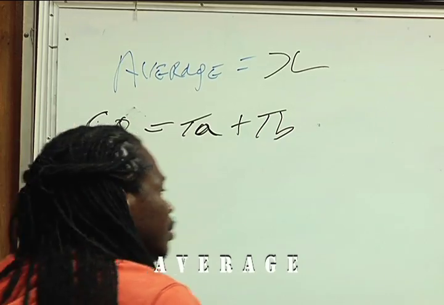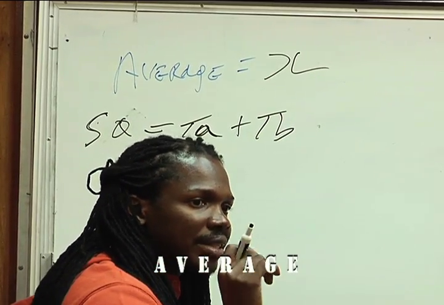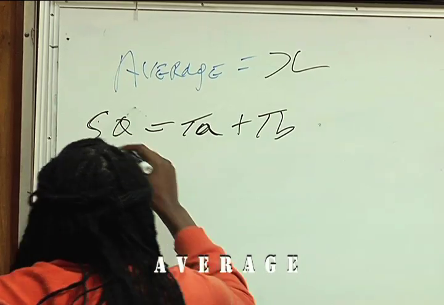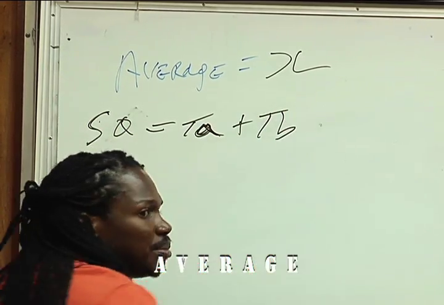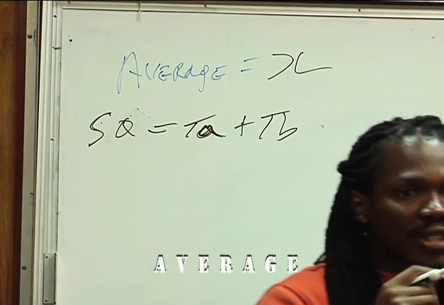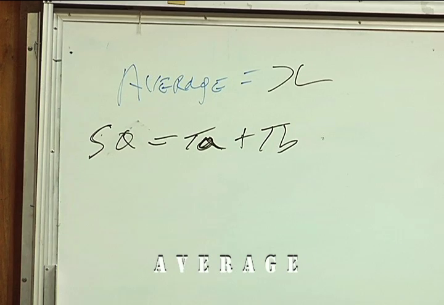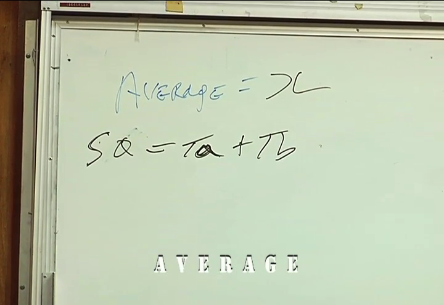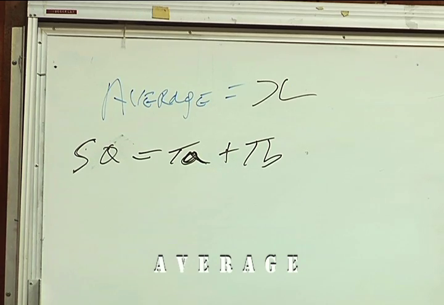So the sum of quantity equal to TA plus TB. Do we know the sum of TA? Yes. What is it? 1170. The total age of teachers is 1170.